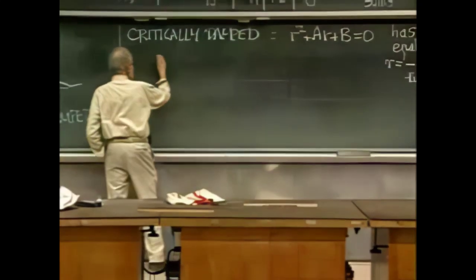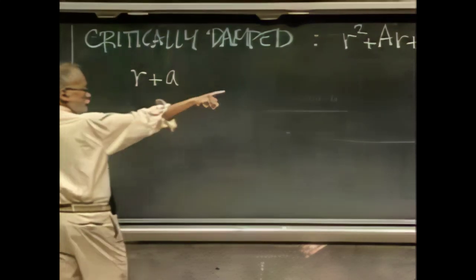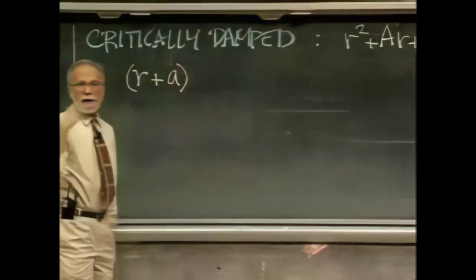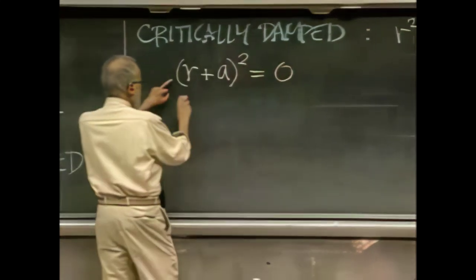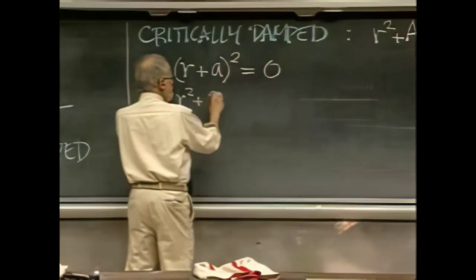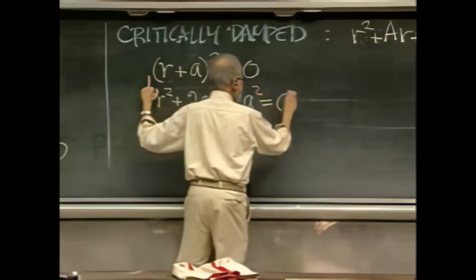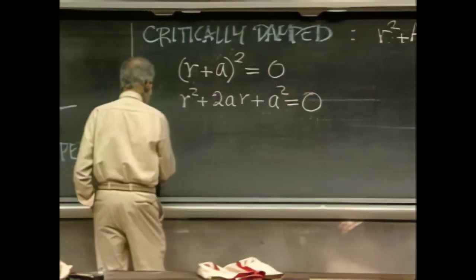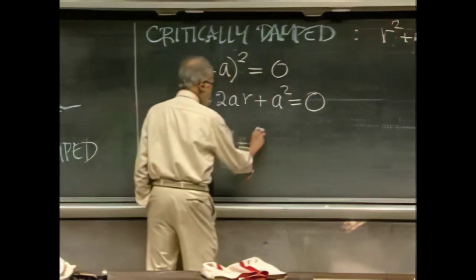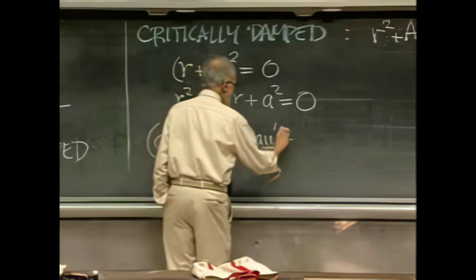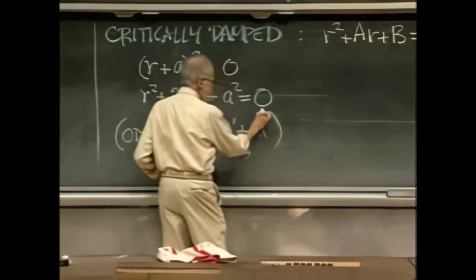Then the characteristic equation is going to be r plus a, squared, because it's a double root. That means the equation is of the form r squared plus 2ar plus a squared equals 0. In other words, the ODE looked like y double prime plus 2a y prime plus a squared y equals 0. The damping and the spring constant were related in this special way.